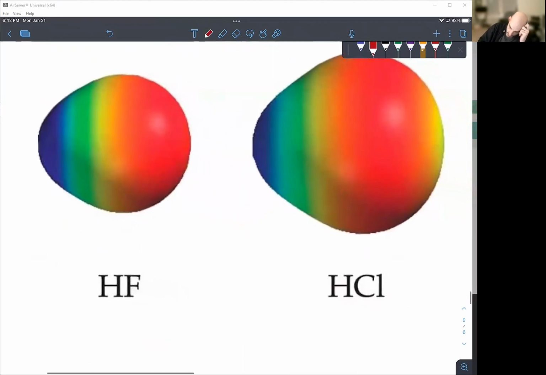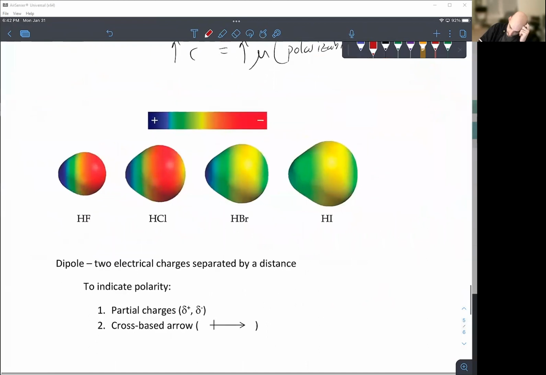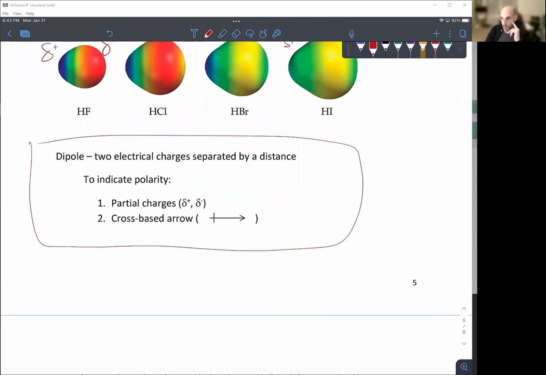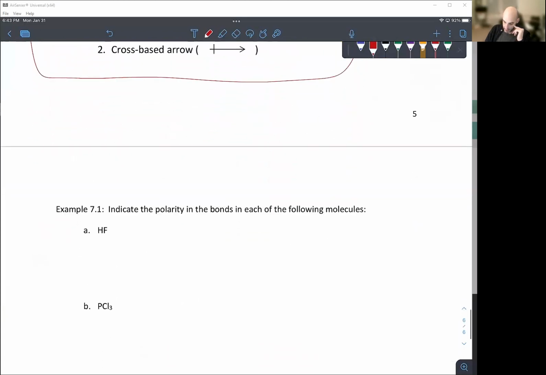So if this is HF, we would say something like this would be a lot smaller. Okay, all right, good. Again, dipole to electric. So we use both of those things to indicate polarity. It's important. Do you recognize that? All right.